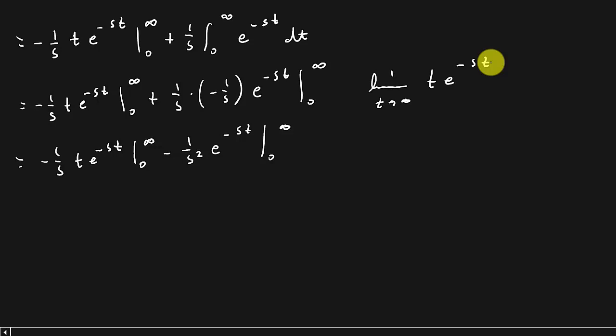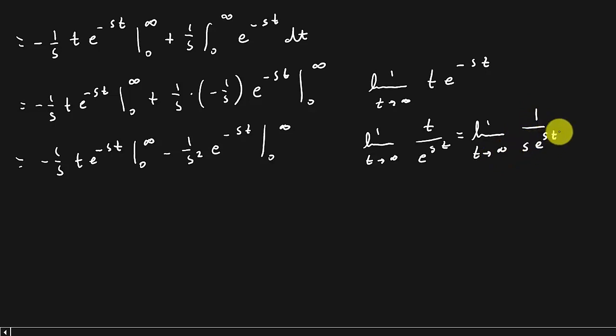All right, so we need to get this in the form limit as t goes to infinity of t over e to the positive st, because when we move it down to the denominator, it changes the sign of the exponent. So you can see here we've got infinity over infinity, which allows us to use L'Hopital's rule, the limit as t goes to infinity of 1 over s e to the st. All right, and then as t goes to infinity, well, what happens?